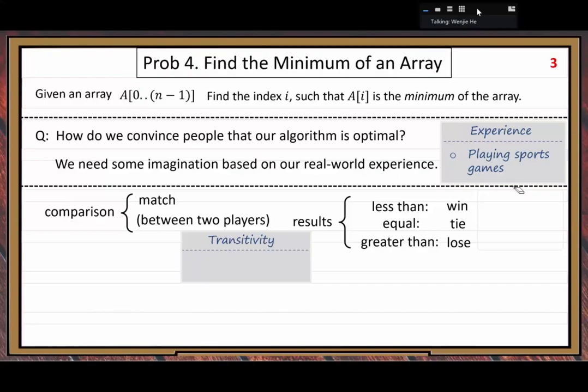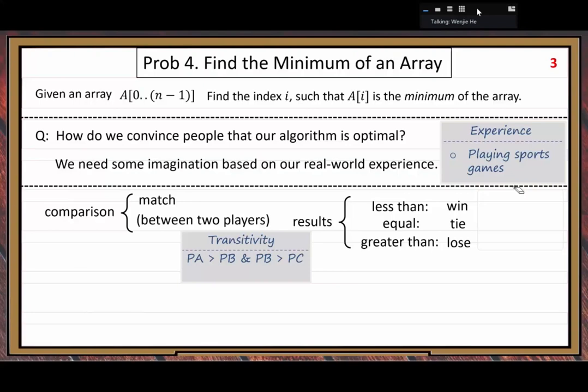When we do comparison, there is an important property we can use, the transitivity property. It is always true in our comparison operation. So what is the transitivity property? PA greater than PB, player A is greater than player B, and PB greater than PC.